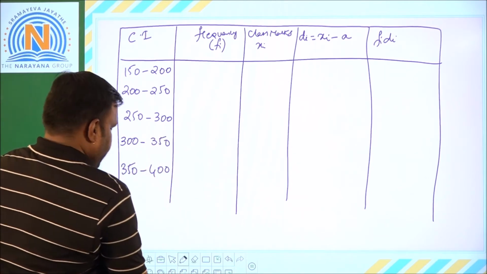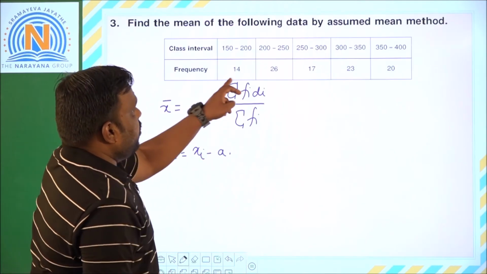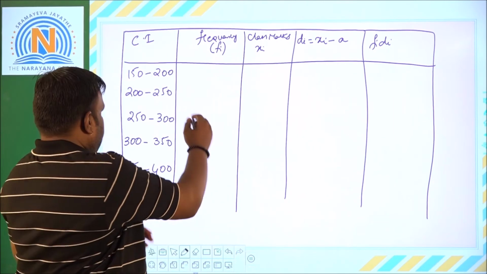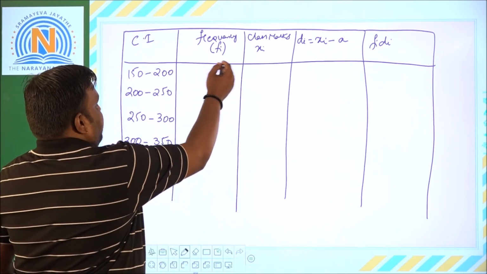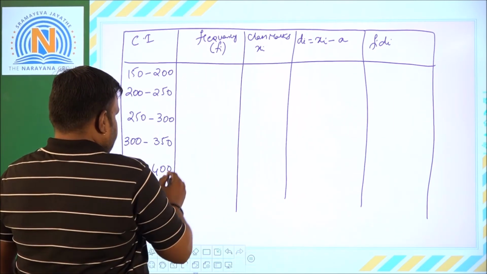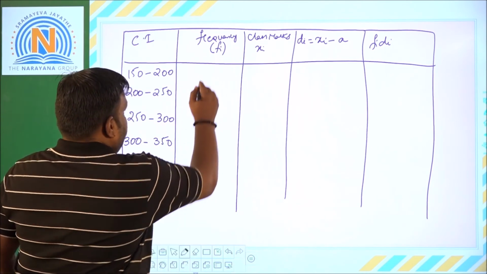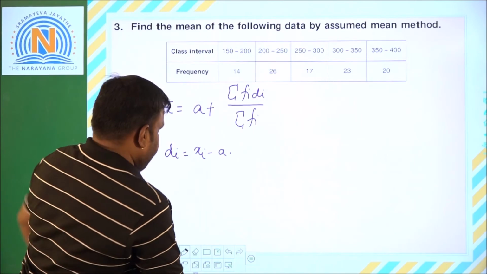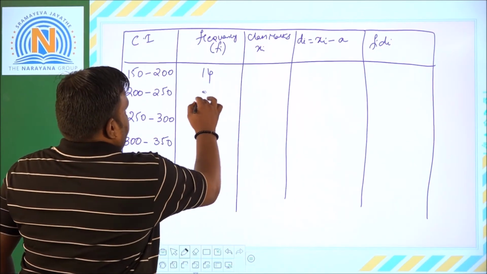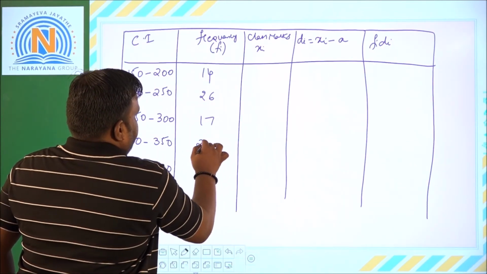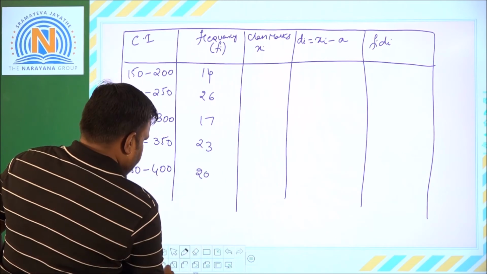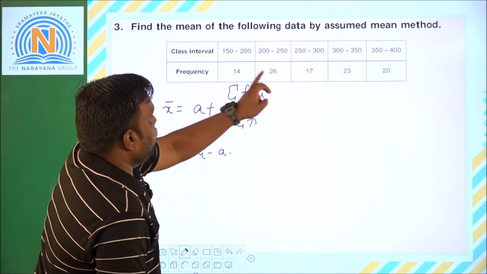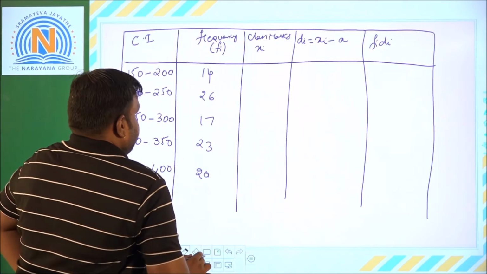These are the classes we have, and the respective frequencies for the classes are 14, 26, 17, 23, 20. Let us check it once again whether it is right or wrong. 14, 26, 17, 23, 20.